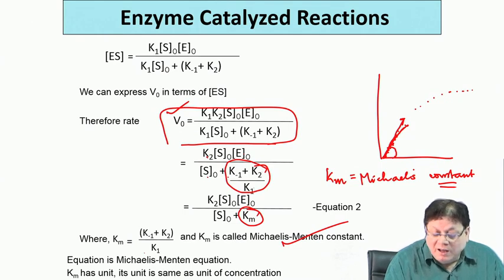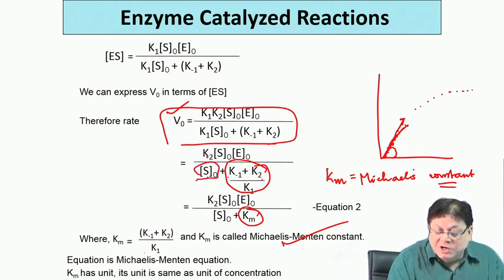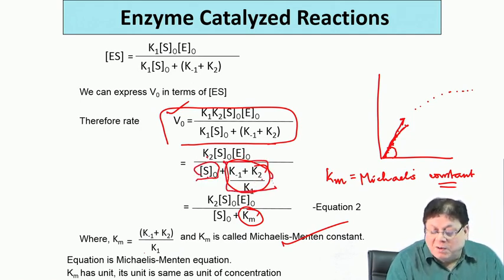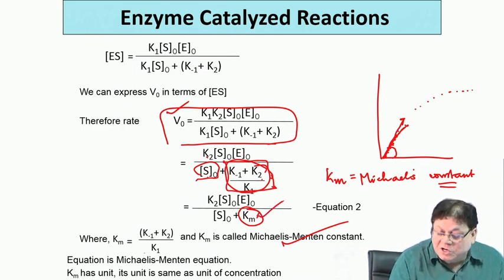So, overall it gets a unit which is a unit of concentration, because you have to ultimately add a concentration to this part Km. So, Km has to be in concentration unit, otherwise how can you add one concentration which is S and the Km.